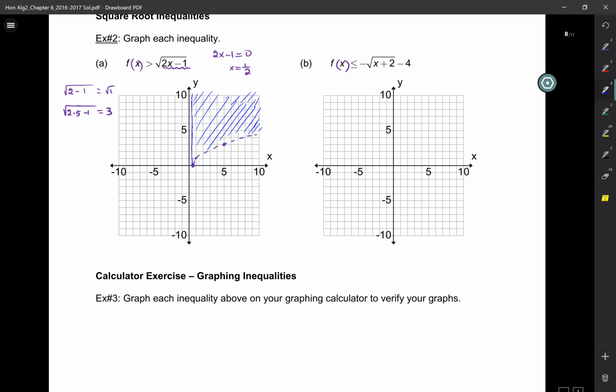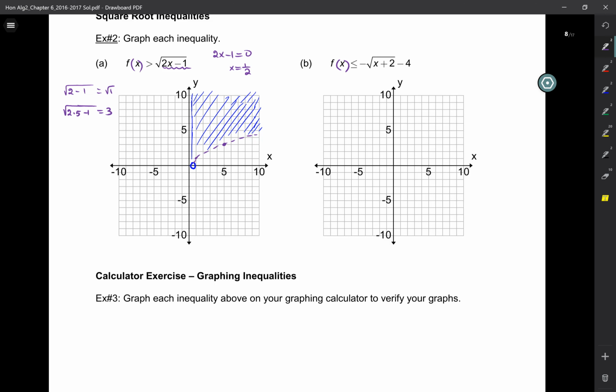Now, one other thing: because the whole thing is dotted, when it's greater than, not greater than or equal to, that initial point can't be a dot. It has to be an open circle, because that entire thing has to be dotted.